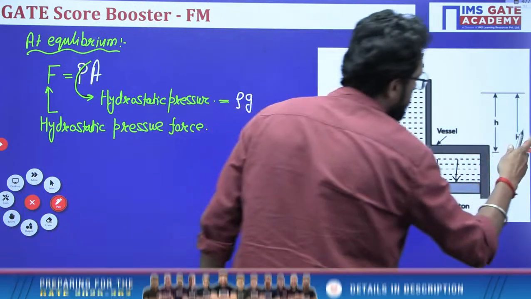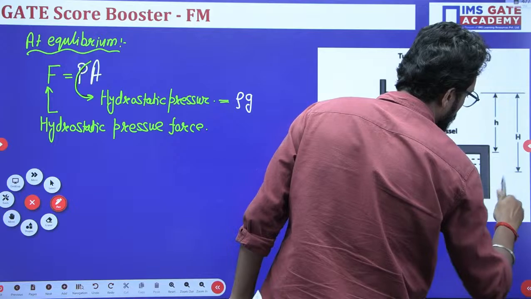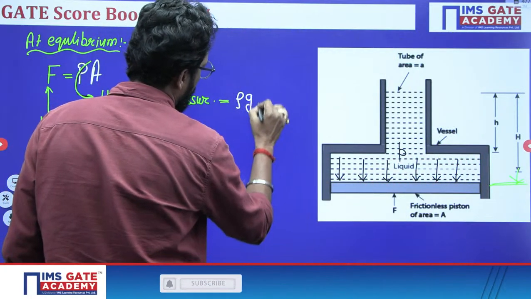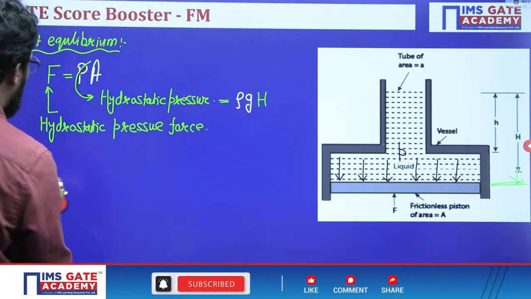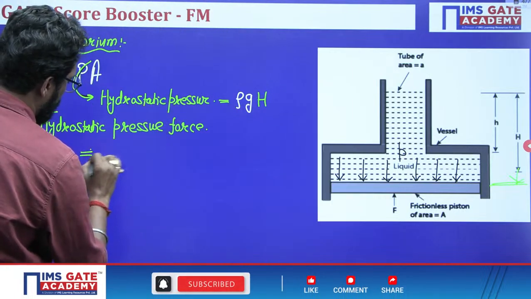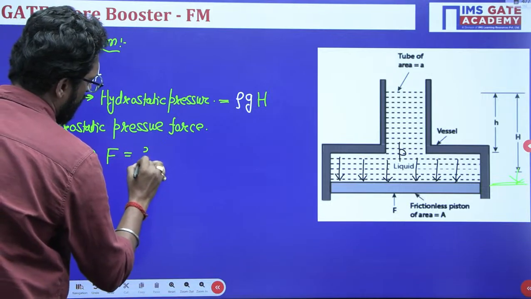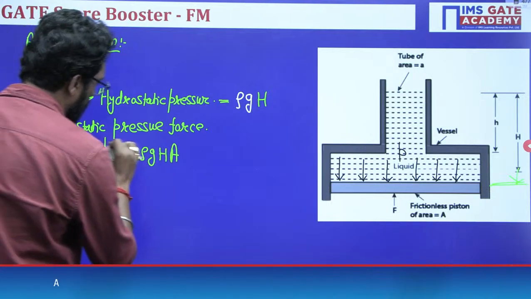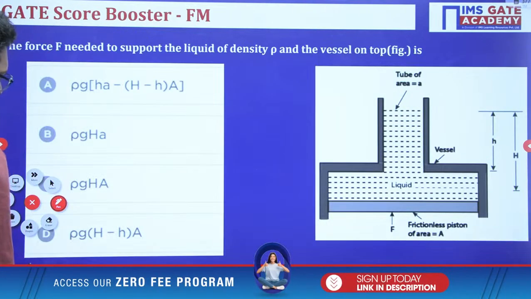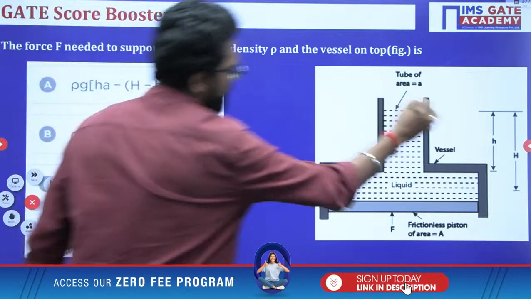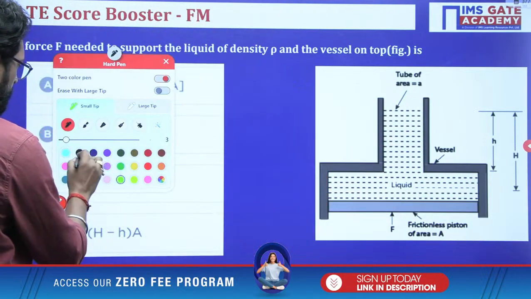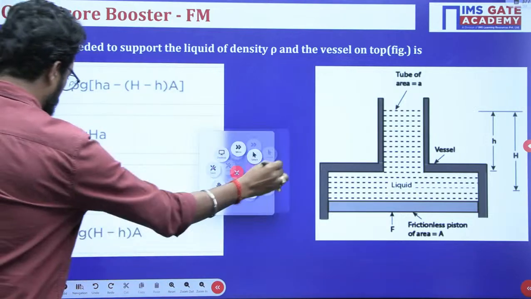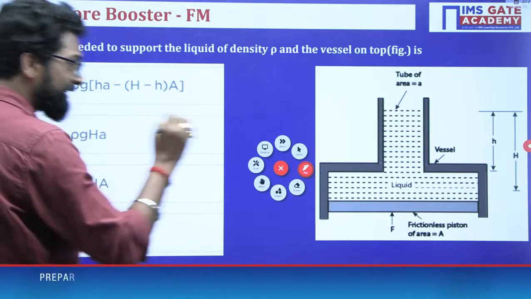Capital H, basically the height up to this point. So the pressure is rho g H. Now if you multiply with the area, the hydrostatic force F which is held is rho g H A. So your answer is rho g H A. That is the correct option.